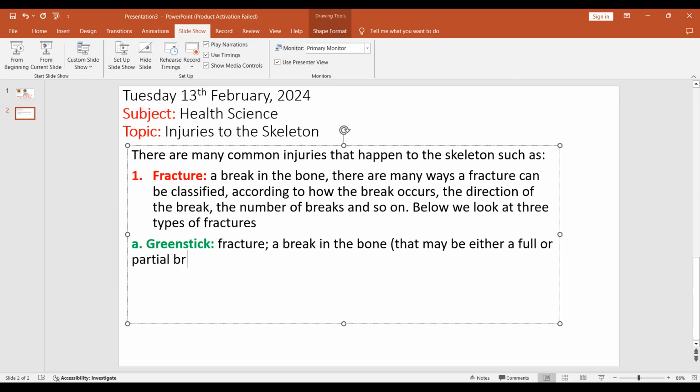I think this is exactly what happened to me when I was younger. I probably had a green stick fracture, and I say that because this occurs mainly in children. Why do you think this type of fracture might occur in children?